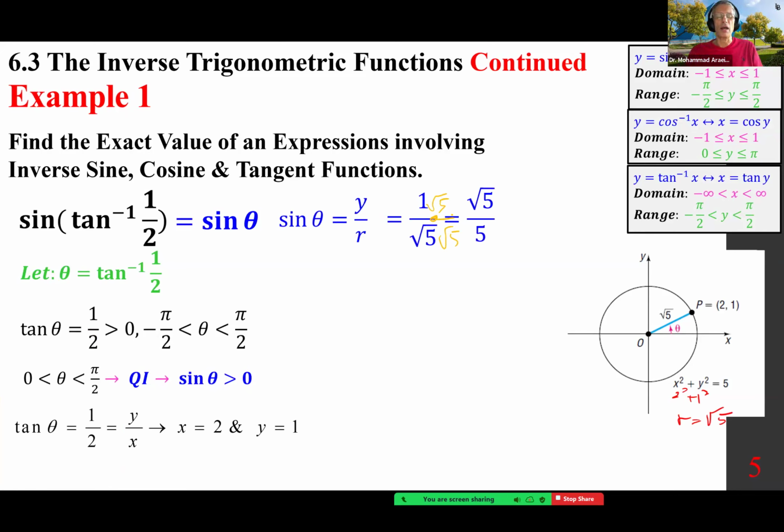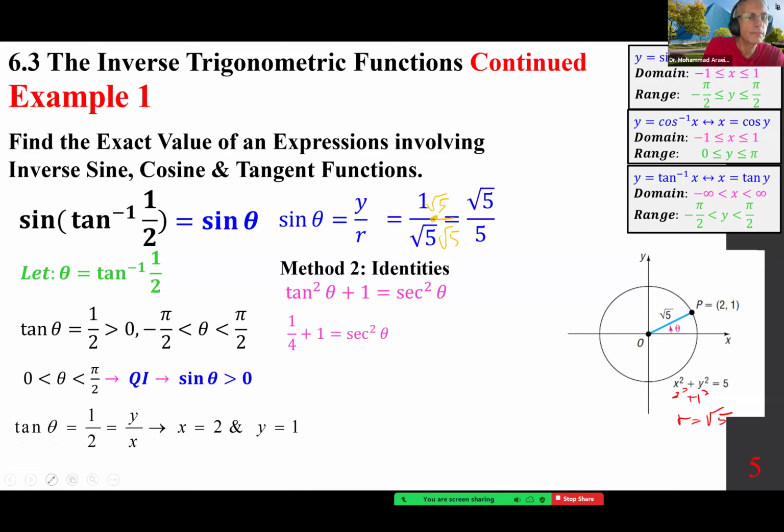The second method is identities. One of Pythagorean identities is tan squared plus 1 equals secant squared. And so what is tan? 1/2. So put it in here. You get 1/2 squared, which is 1/4.